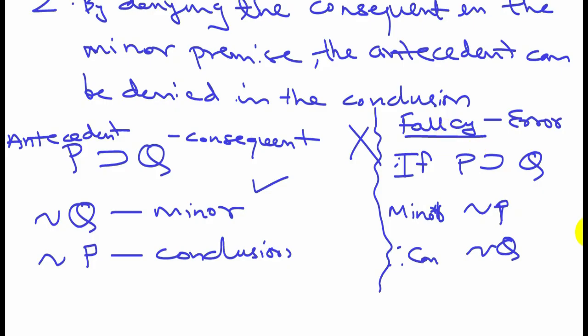In that case, the argument will commit the fallacy of denying the antecedent. This fallacy is symbolized as in this example here.